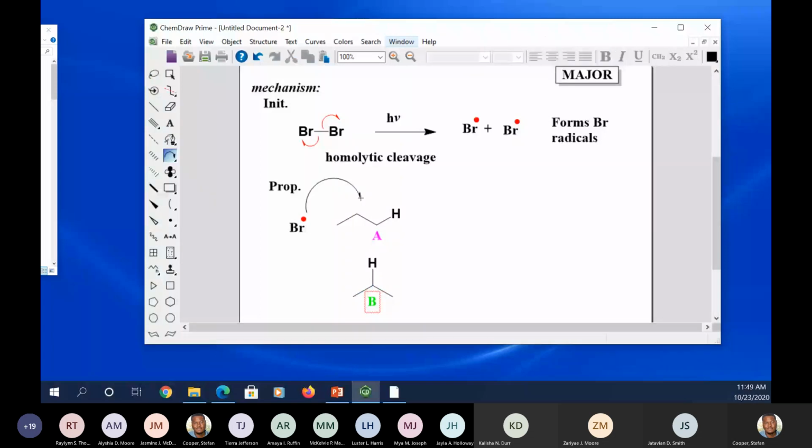So this electron is going to be only 1 electron in that bond. Let me have it going the other way. Okay. And the other electron in that bond is going to reside back on carbon.